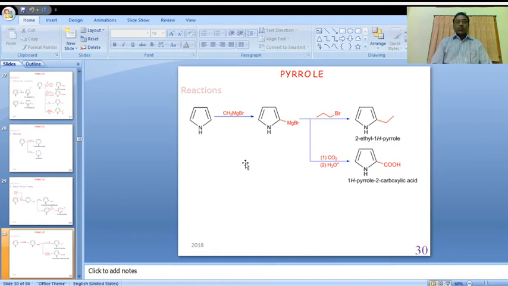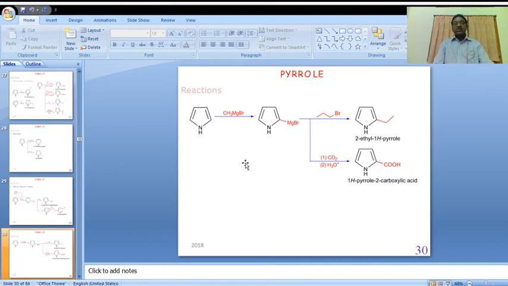Now let us go to another reaction, with the Grignard reagent. Here pyrrole reacts with the Grignard reagent, methyl magnesium bromide. Its general formula is RMgX, where R means alkyl, methyl, Mg is magnesium, and X is a halogen, bromide.